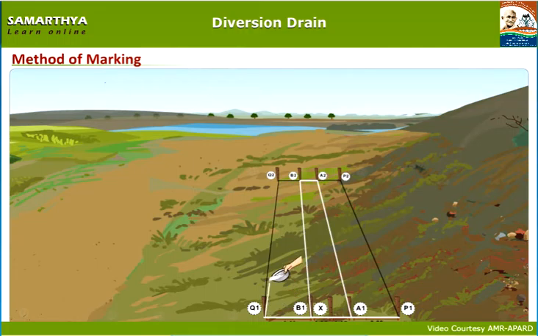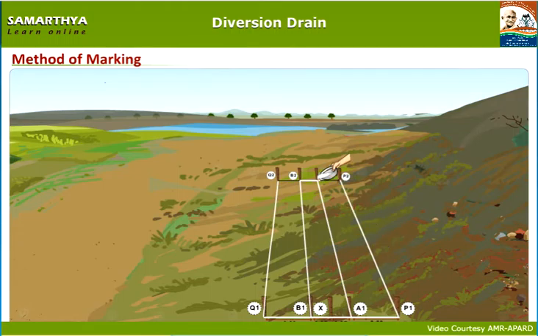Draw a line along Q1 and Q2 with lime powder. Draw a line along P1 and P2 with lime powder. Draw a line along A2 and P2 with lime powder. Draw a line along B2 and Q2 with lime powder.